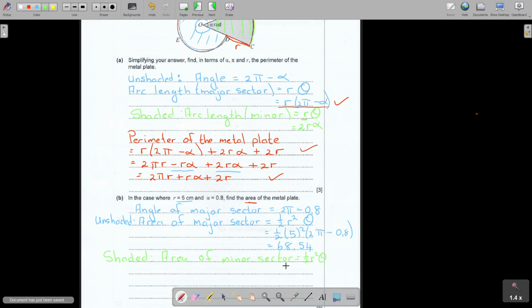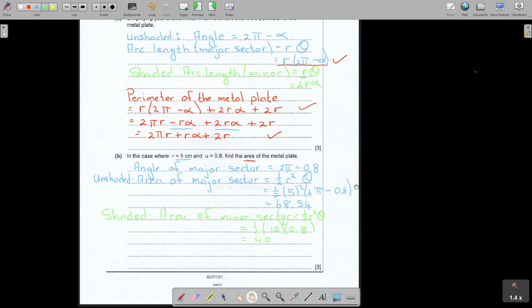Okay, so let's just write the half first. And it's going to be 10. Why is it 10? Remember, that's 5 plus 5, so in total that will be 10. So please don't make that mistake to think it's only 5. Don't forget the square. There's the square. And then the angle is just 0.8. And if you press that on the calculator, you will get 40.